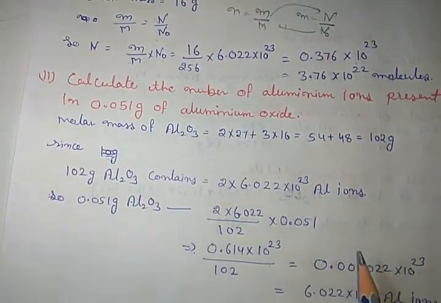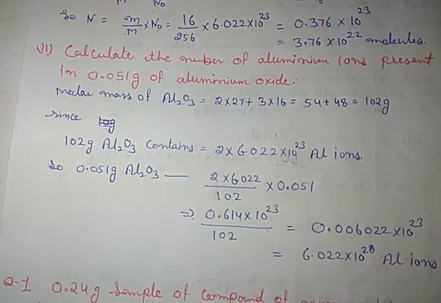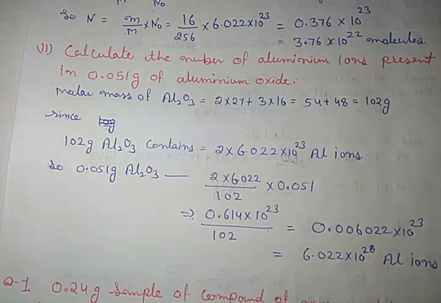Now let me discuss the last numerical of this chapter, that is calculate the number of aluminium ions present in 0.051 gram of aluminium oxide. Clear? Now let me clarify one thing: between a neutral atom and an ion, there is no change in atomic mass.